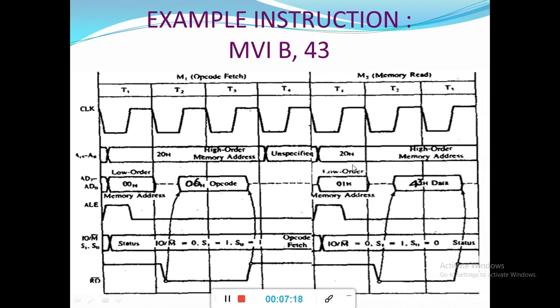The memory read instruction is there, again 0 1, and here is the data. In this case it is the 06 data, and the lower order data.